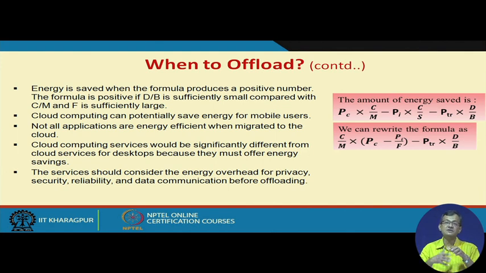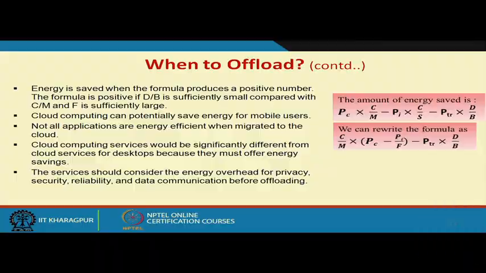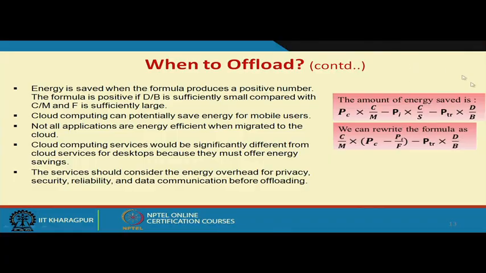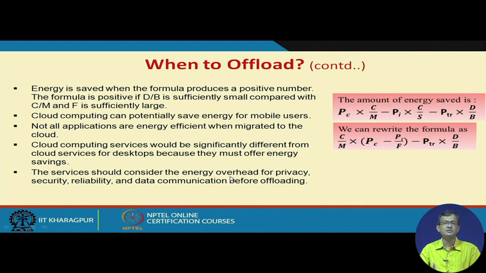F is how many times the cloud server is faster than the mobile device, and it should be sufficiently high. Otherwise, there is no point in offloading and getting executed externally. If those conditions are satisfied, we get a positive number, and it is obvious that all applications may not always benefit from offloading.